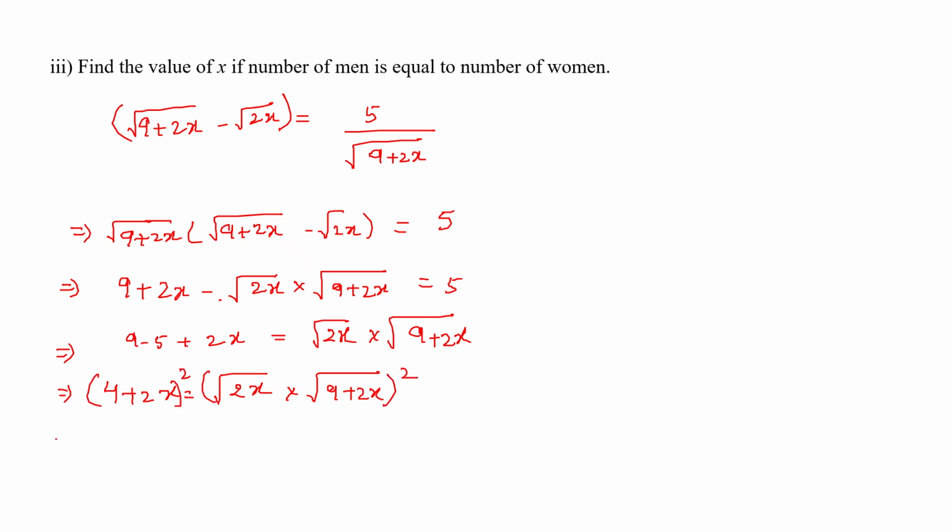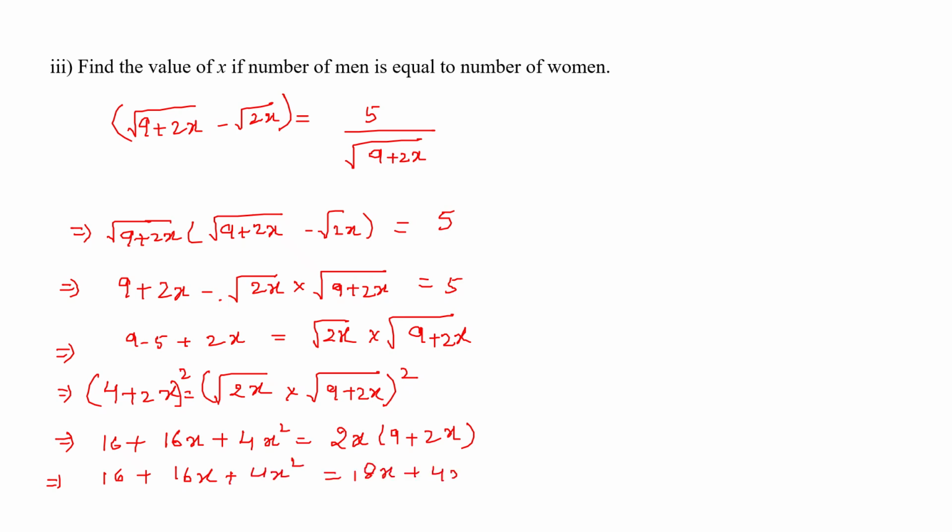I will use the (a plus b) whole square formula here. So 4 square is 16, 2ab, 2 into 4 into 2x, so it will give me 16x, plus 2x whole square is 4x square. And if you square RHS, it will become 2x into (9 plus 2x). The root will go. Now 16 plus 16x plus 4x square equal to 18x plus 4x square.